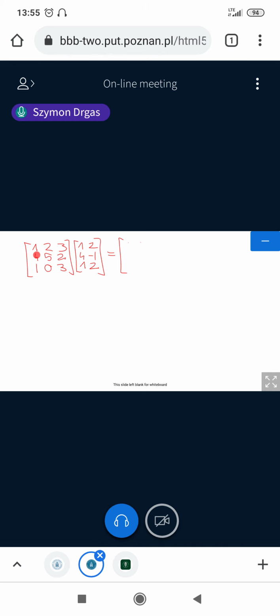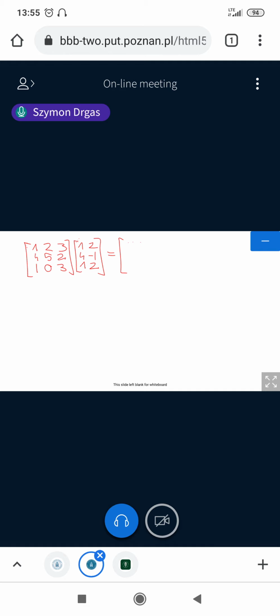a certain row of the first matrix, so of the left matrix, and the column of the right-hand matrix. So the 1,1 entry of the resulting matrix is the dot product of the first row of the left-hand side matrix and the first column of the right-hand side matrix.